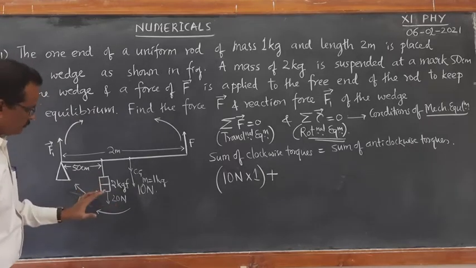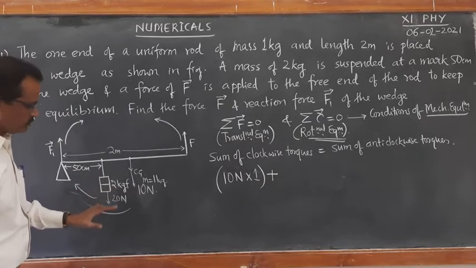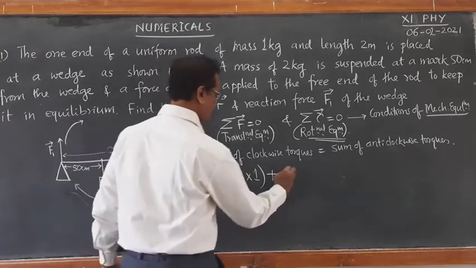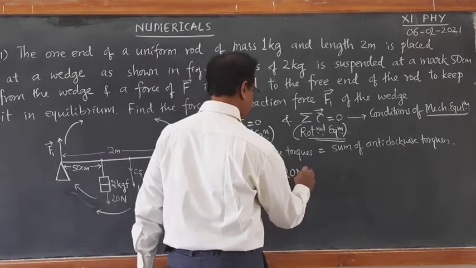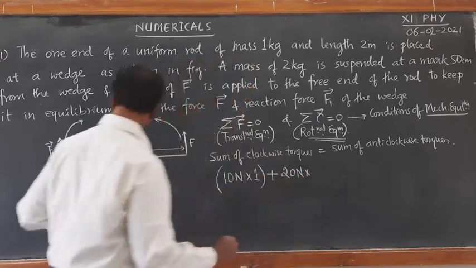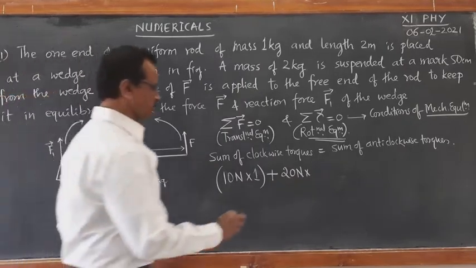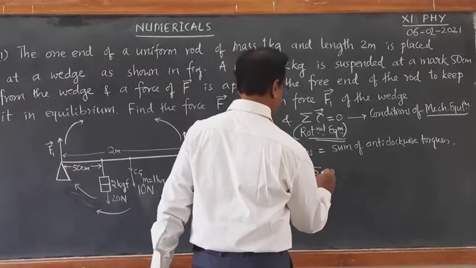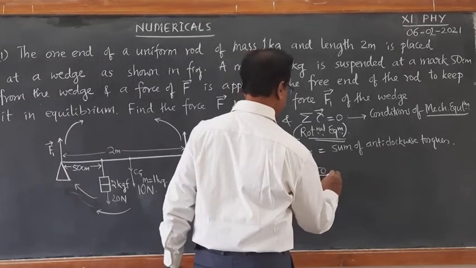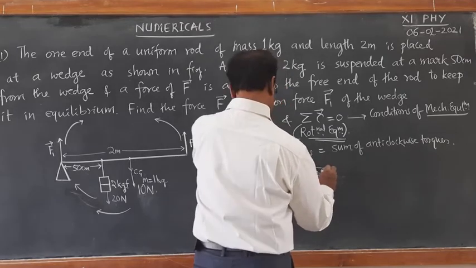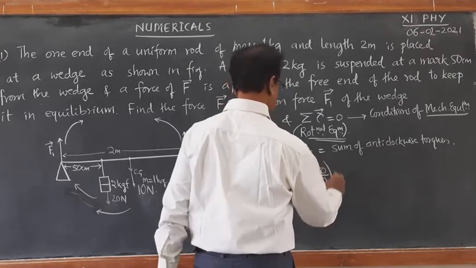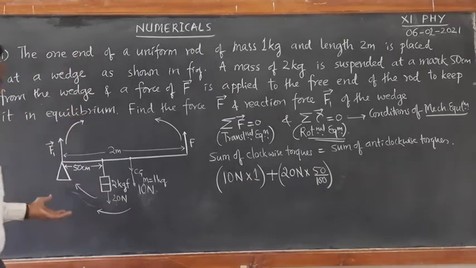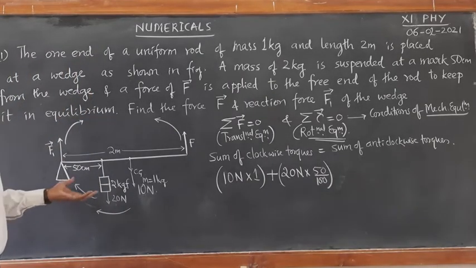You can see here the weight is 2 kg force, which is equal to 20 Newton. 20 Newton into 50 centimeter. 50 centimeter is nothing but 0.5 meter, 50 divided by 100 meter. So this becomes the clockwise moment.